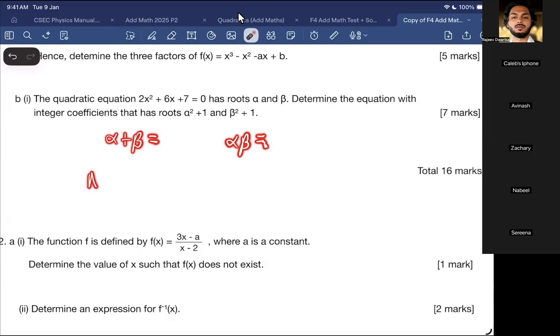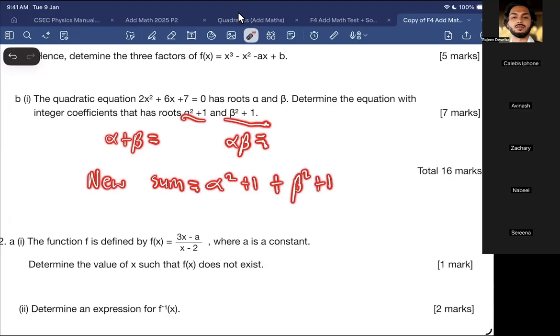So what would the new sum look like? If alpha and beta are the roots, then to add them, I'll just simply say alpha plus beta. If these are my two new roots, how would I write that as a sum? It will be alpha squared plus 1 plus beta squared plus 1.